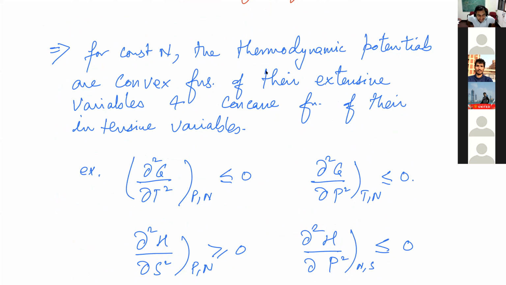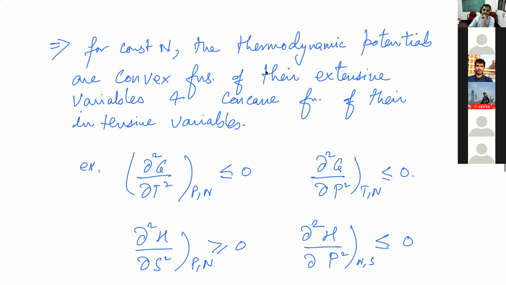For constant N, if the number of moles is constant, the thermodynamic potentials are convex functions of the extensive variables, because for extensive variables they behave almost like the energy, and concave for their intensive variables.